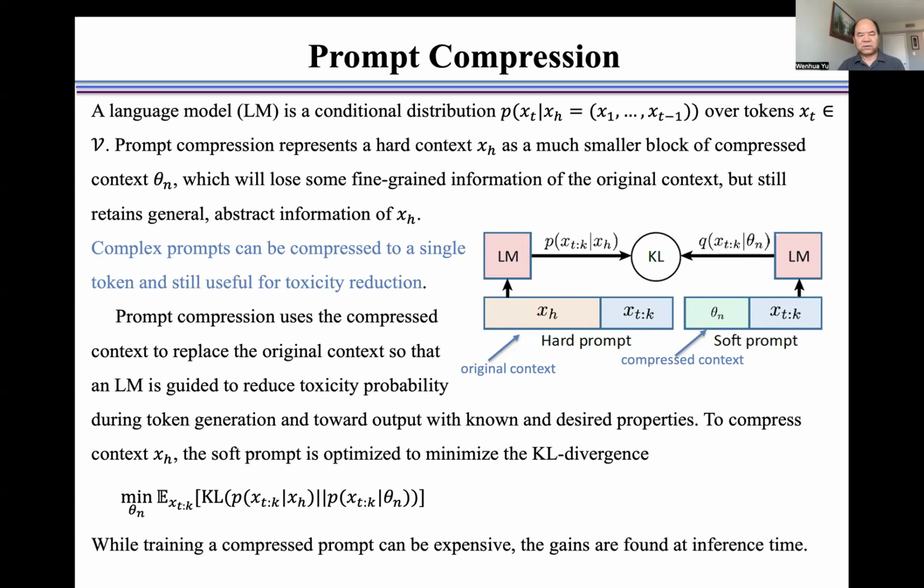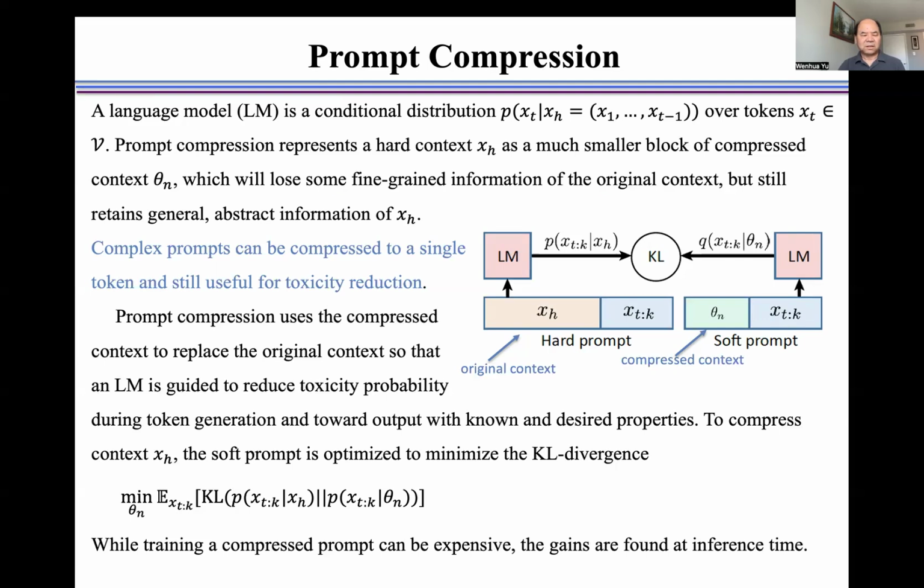Prompts can be compressed into a single token and still be useful for toxicity reduction. Prompt compression uses the compressed context to replace the original context so that a language model is guided to reduce toxicity probability during token generation and toward the output with known and desired properties.